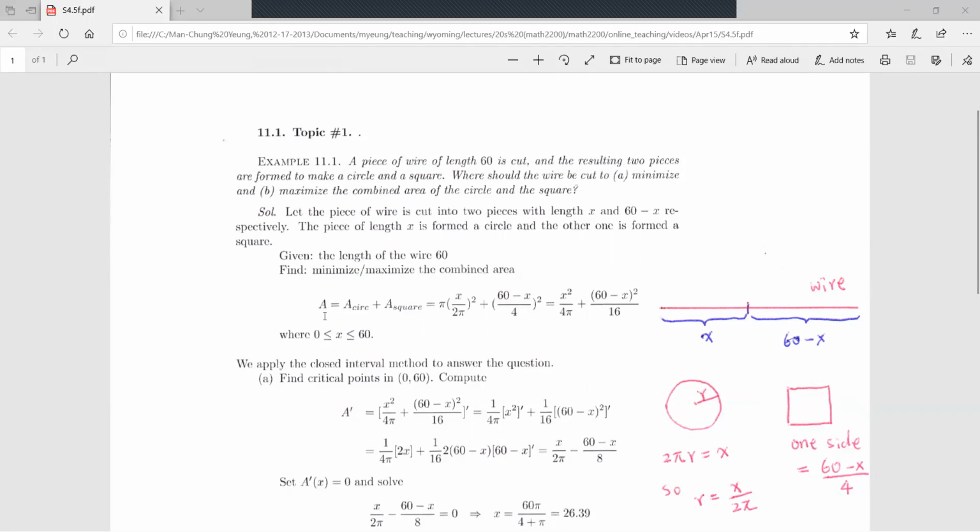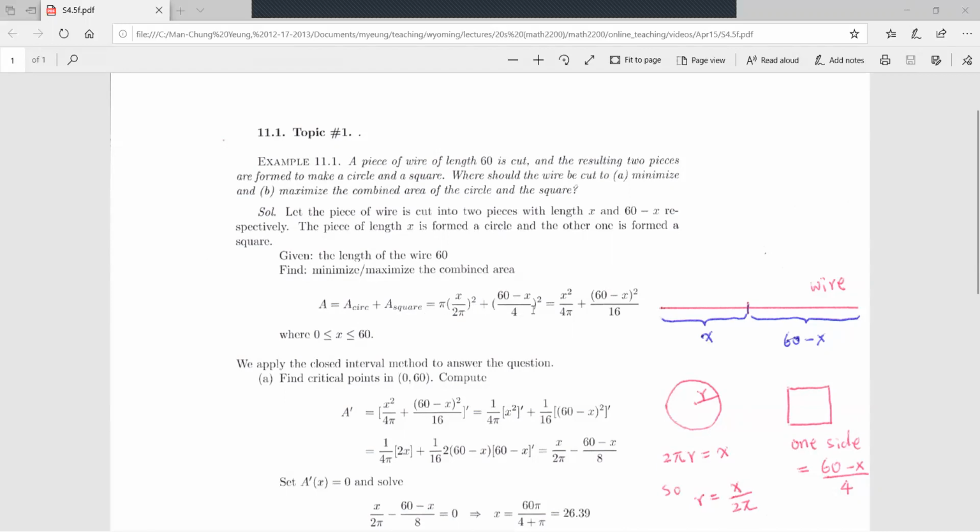I let A denote the combined area. It is area of the circle plus area of the square. Area of a circle is pi r squared, but r now is x over 2 pi, so area of this circle is this term.